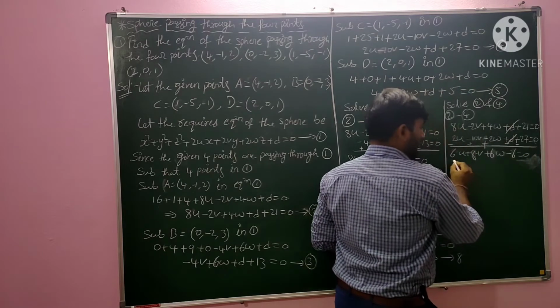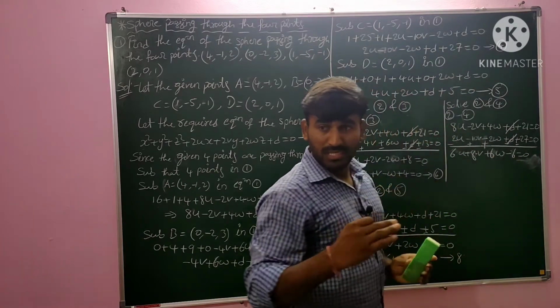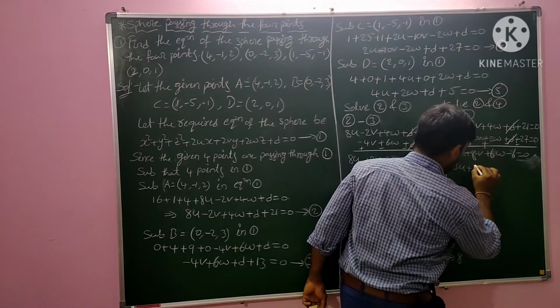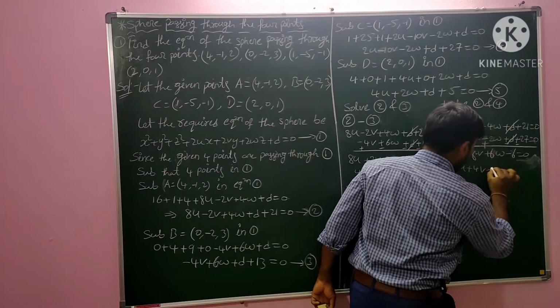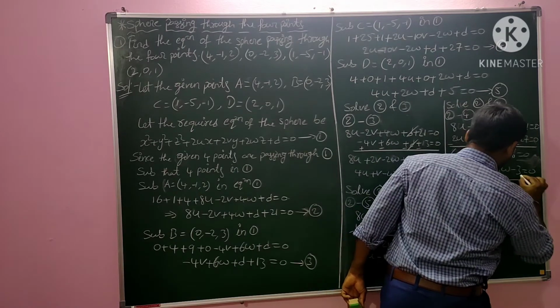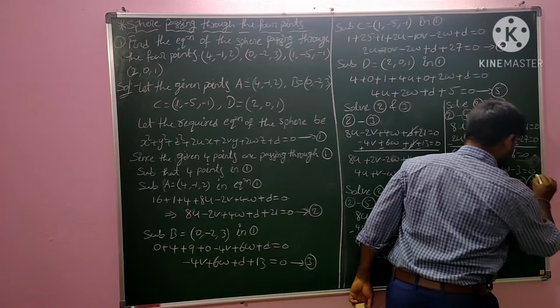After that, all the terms have 2 as a common multiple, so you will get 3u plus 4v plus 3w minus 3 equal to 0. Take this one as equation number 7.